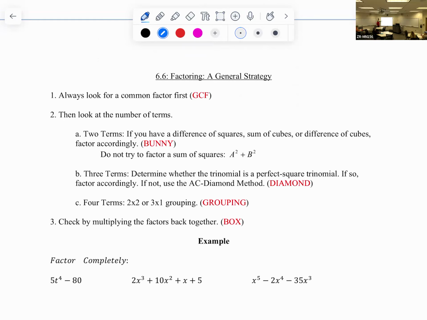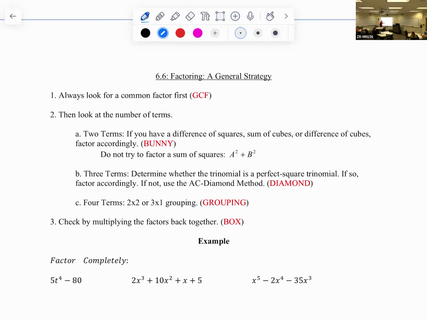Then count the number of terms. 2 terms, that's either a difference of squares, which is essentially diamond still. But the one thing you want to watch out for is the sum and difference of cubes. So we got our strategy. 2 terms. 3 terms, that is always diamond, whether it's the simplified diamond or the full diamond.